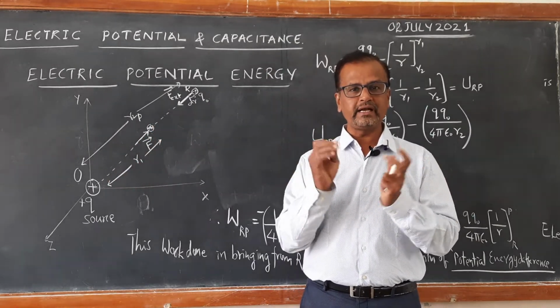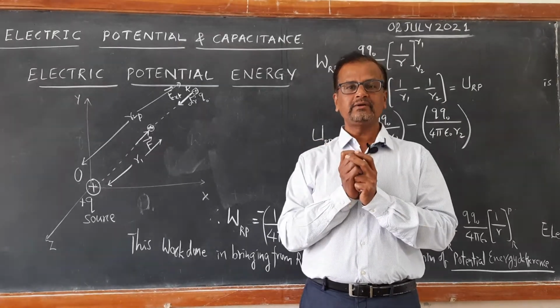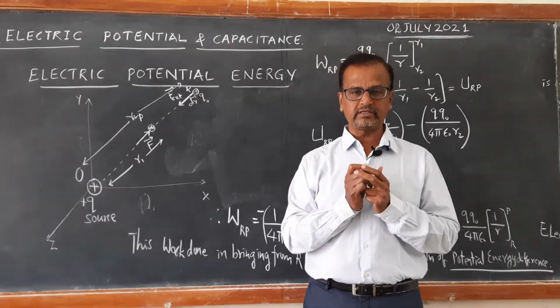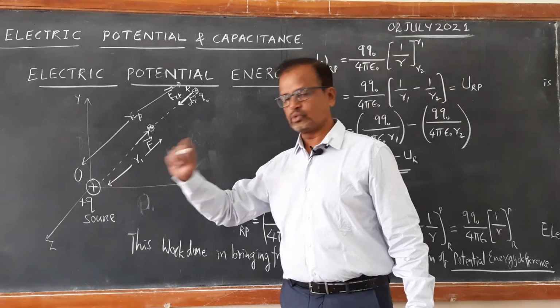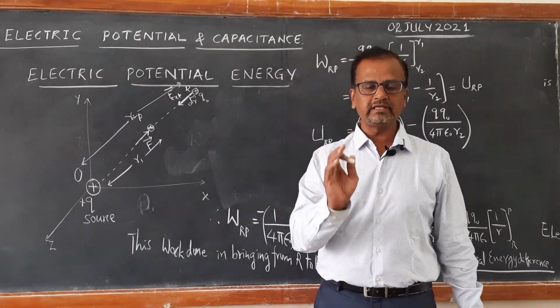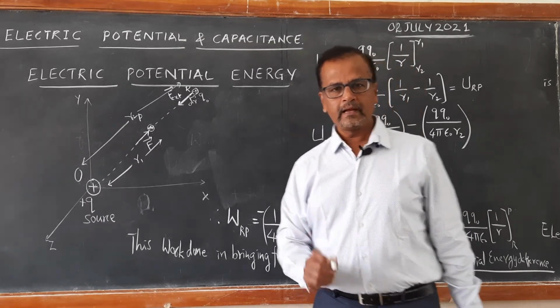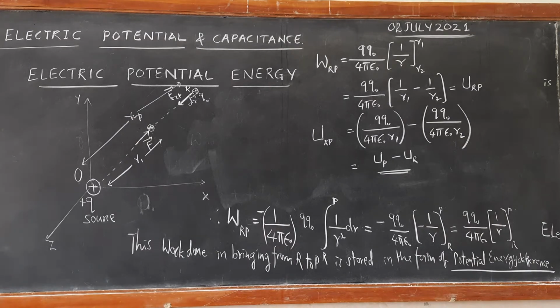Then work has to be done against the force of attraction. The work done against the force of attraction is negative work done, right? So, in that case of a negative source, the potential energy is negative. Please remember this.